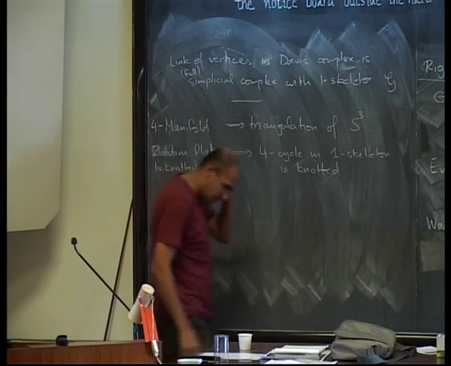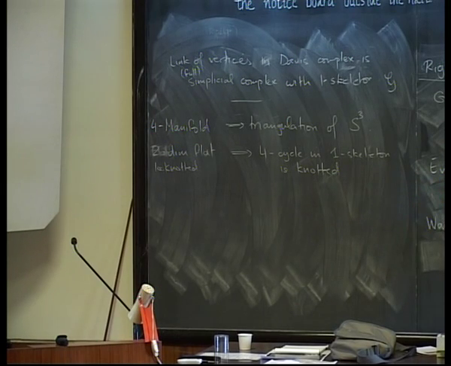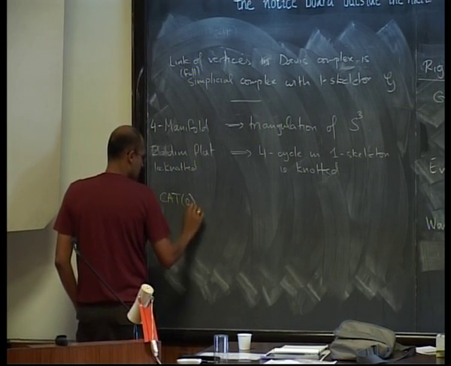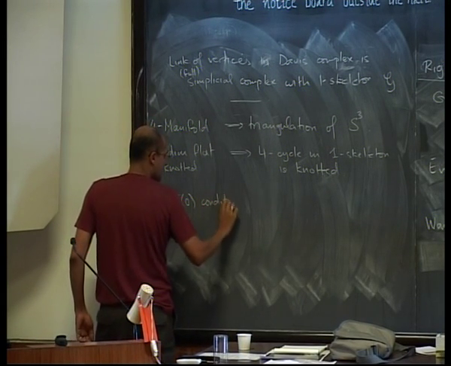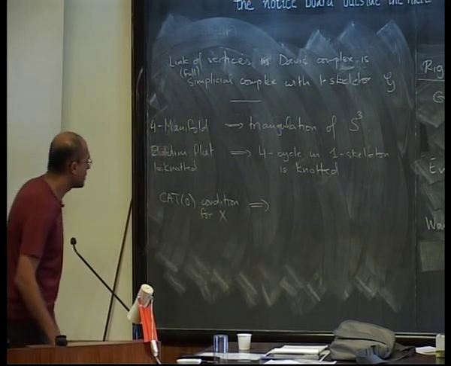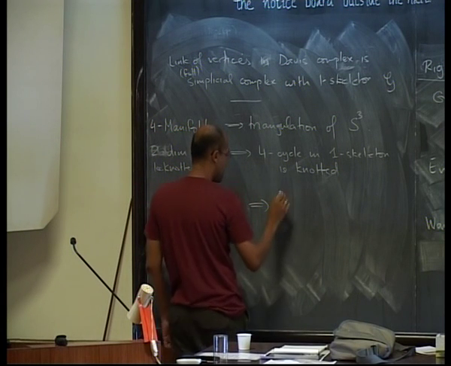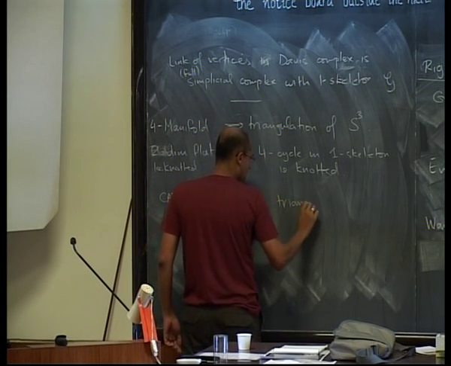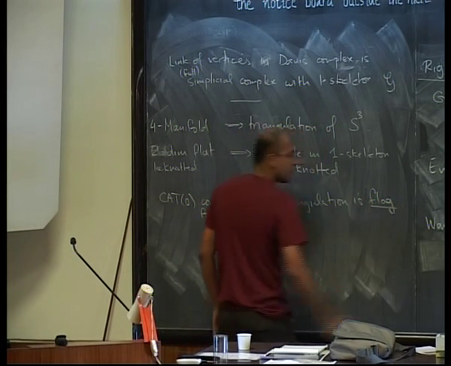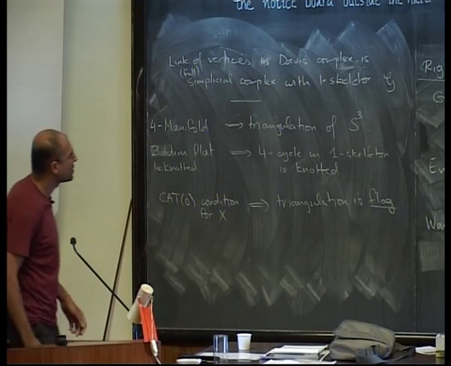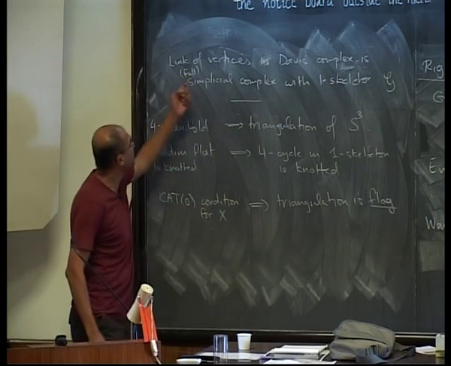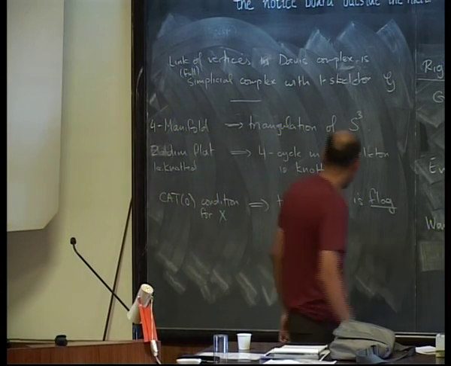So then what are the other conditions that we needed? An important one, we want the CAT(0) condition for X. This is known to be equivalent to the triangulation being flag, meaning that anytime you've got an n-tuple which is pairwise adjacent, it actually contains the simplex spanned by it.